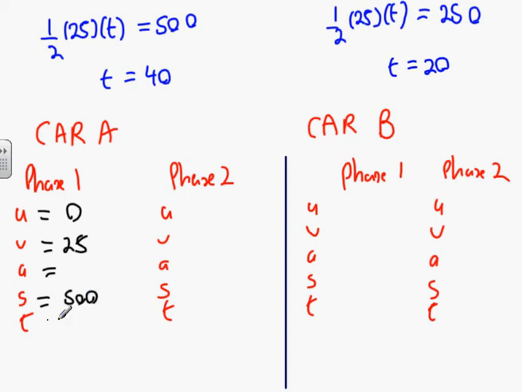I know that T equals 40. Okay, U is 25. V is 25. A is 0 because there's no acceleration in that phase. S we don't know. And T I don't know just yet.